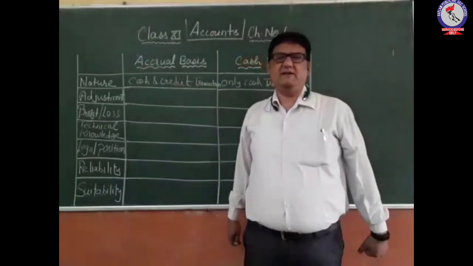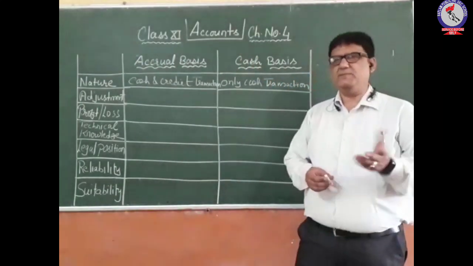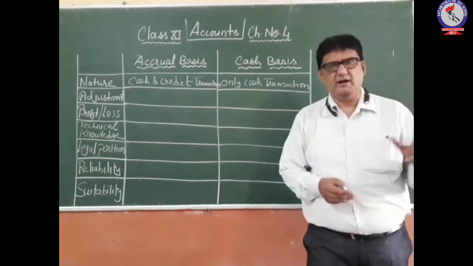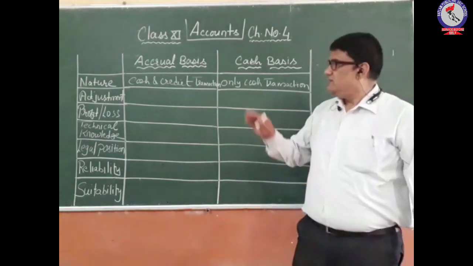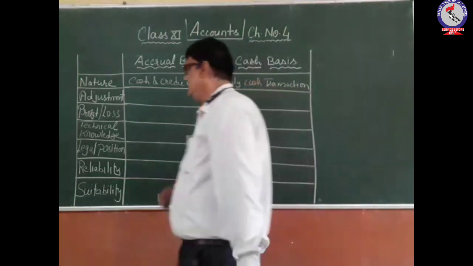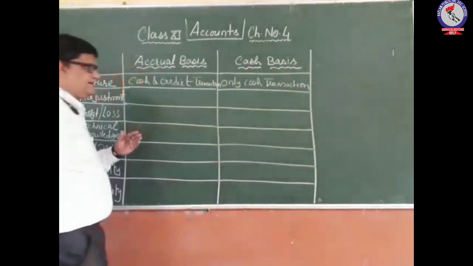The adjustments related to outstanding expenses, prepaid expenses, accrued income or unearned income. In the accrual basis of accounting, there is a place for all the adjustments.